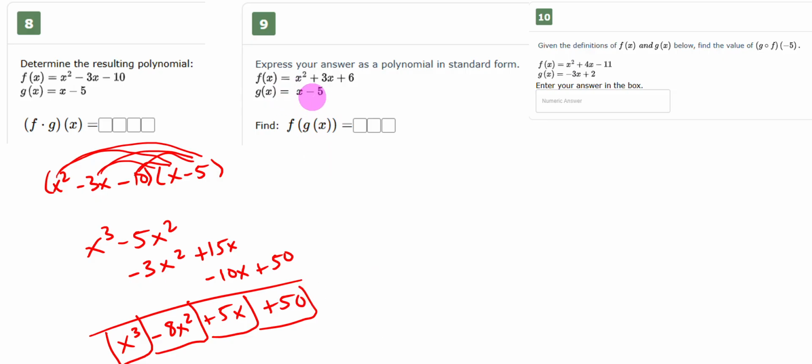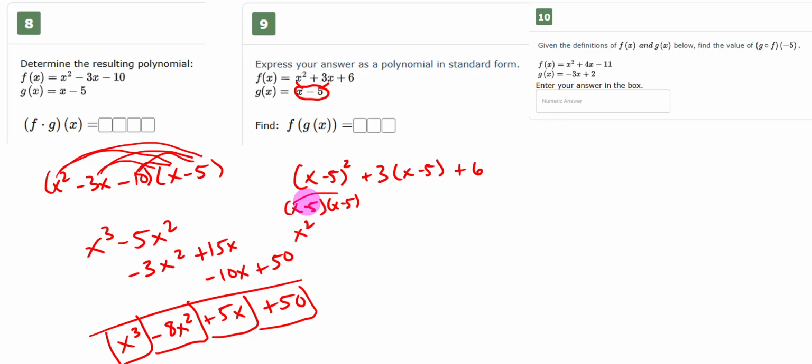So here I am plugging in g into there and there. So I'm going to get x minus 5 squared plus 3 times x minus 5 plus 6. So I need to do this part, x minus 5, x minus 5. If you know the pattern, it works out pretty easily.